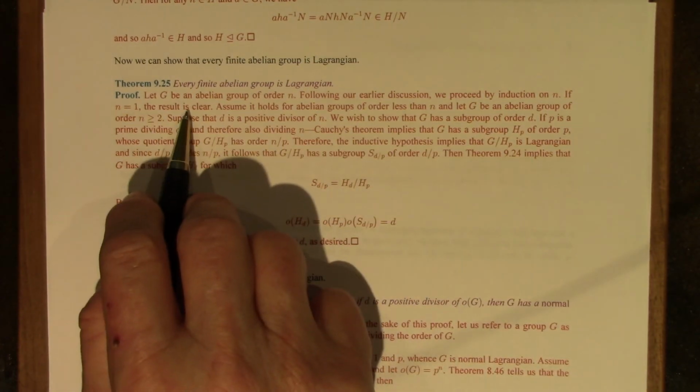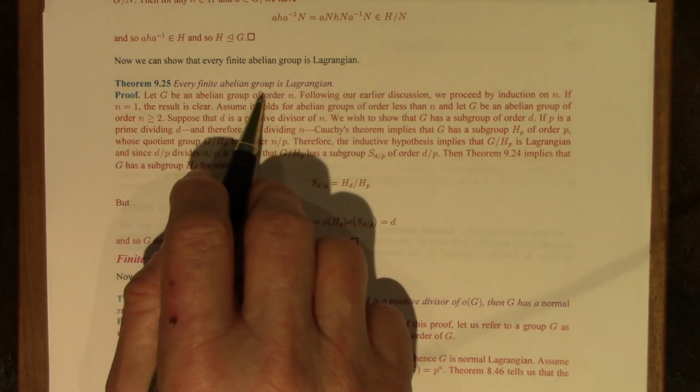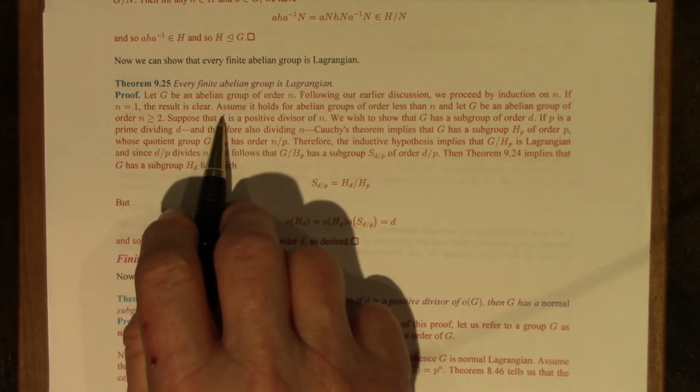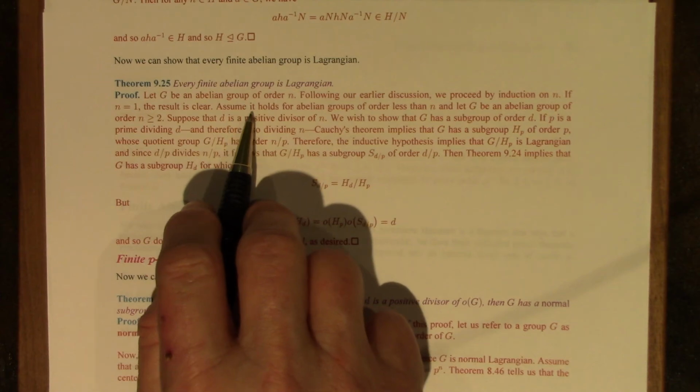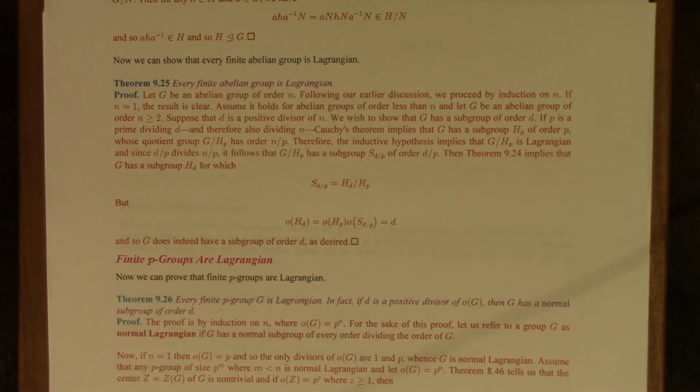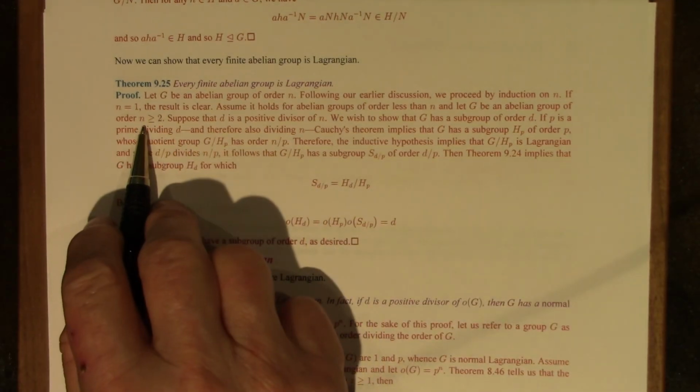When n is 1, the result is clear. So assume that it holds for abelian groups of order less than n and bigger than or equal to 2, and let G be an abelian group of order n.